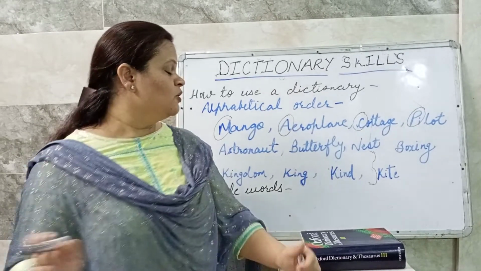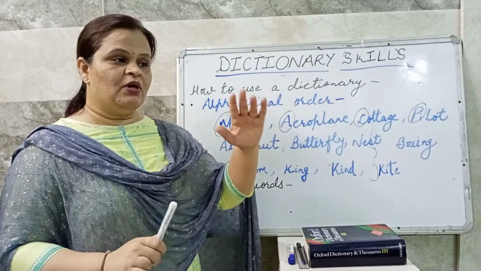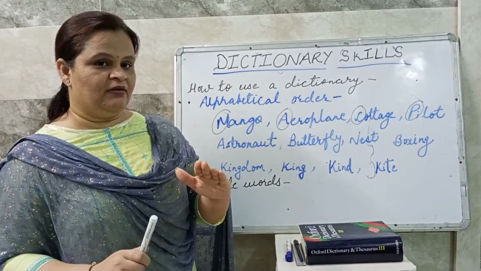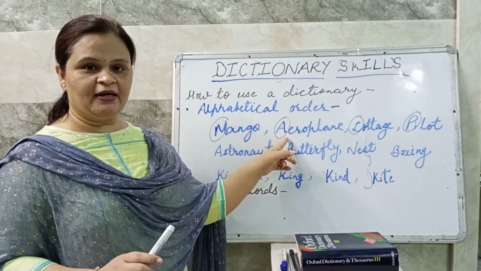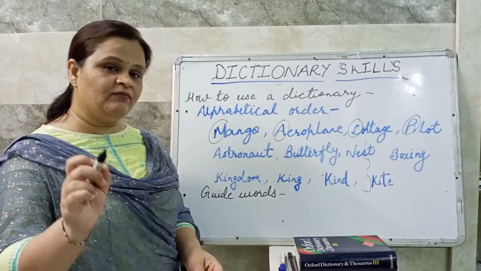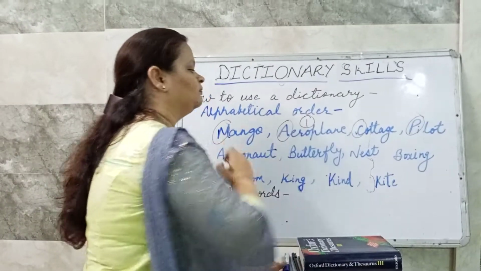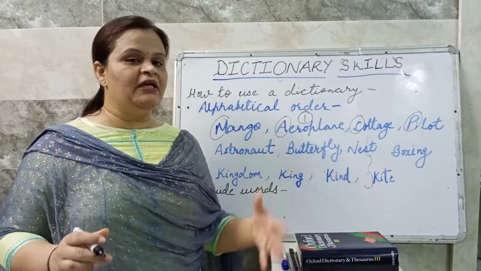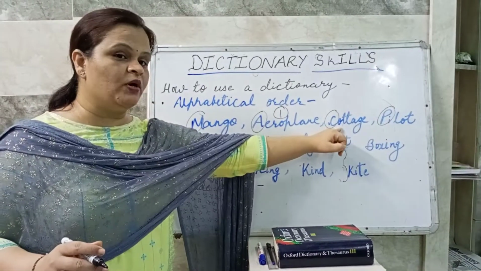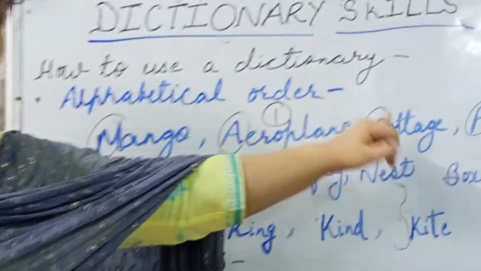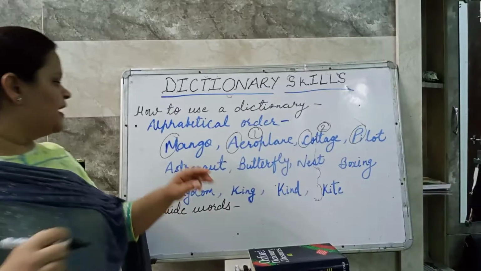So how can we do the alphabetical arrangement? According to A to Z we can arrange the letters. First of all comes A, so aeroplane will be the first word. Then after A, B comes, but there is no word which starts with B. But there is a word which starts with C, so cottage comes second.